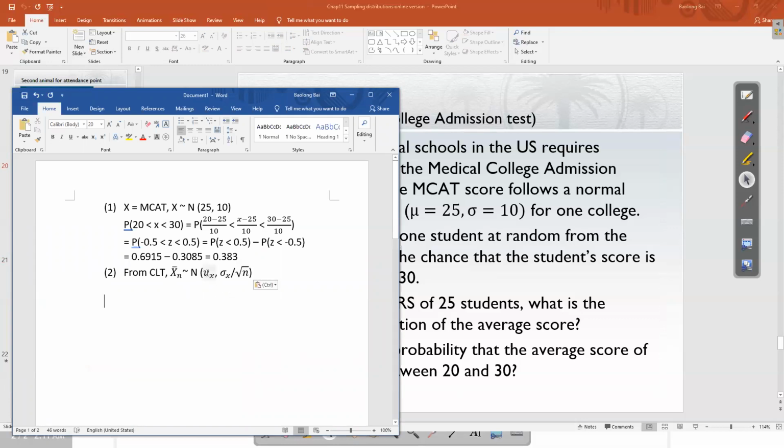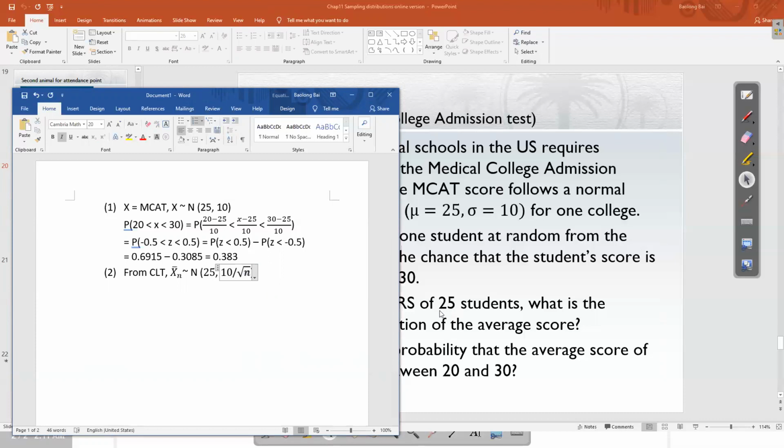And now we need to figure out what each of the parameters is. What is mu of X? Mu of X will be 25. And what's sigma of X? That will equal 10. It's from here: this is mu of X, this is sigma of X. Then what is n? n is the sample size.